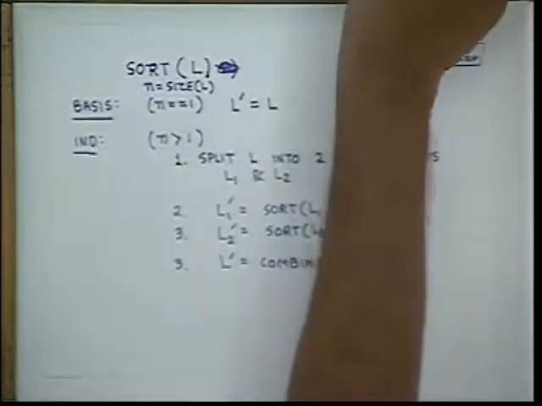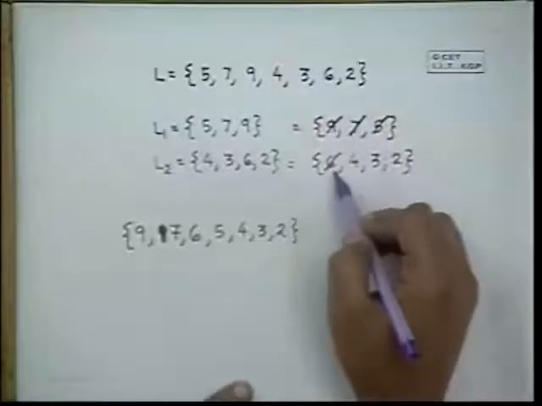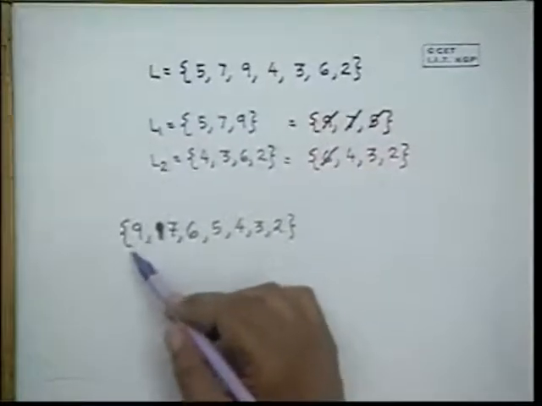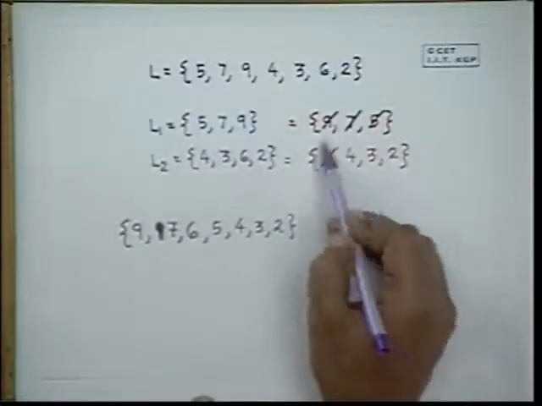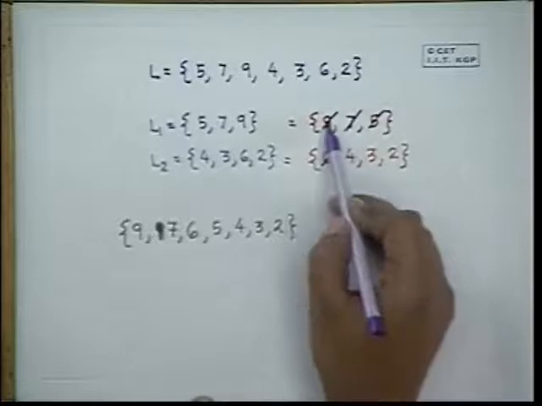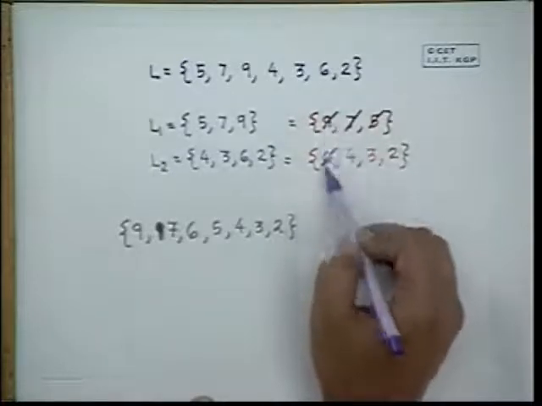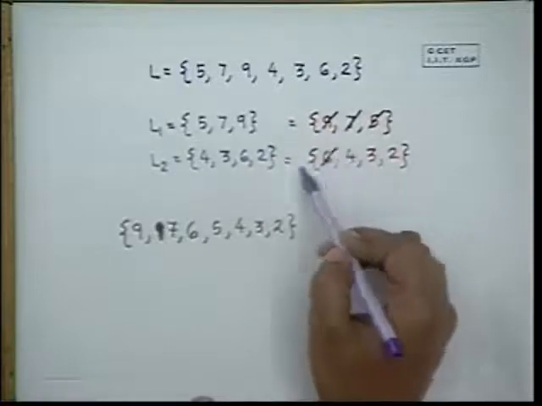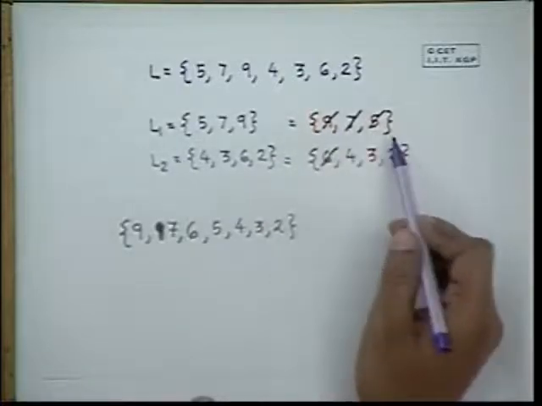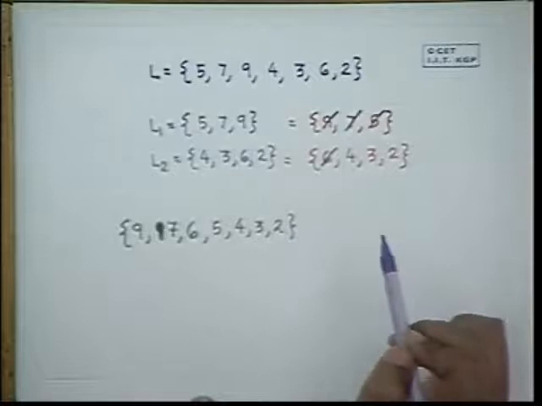And the combination routine is something we saw here. Given two ordered lists, we create a temporary list. We find out whichever of the two first elements is larger, put it in this list, remove it from here, and continue doing this till one list becomes empty, and copy the other list at the end.